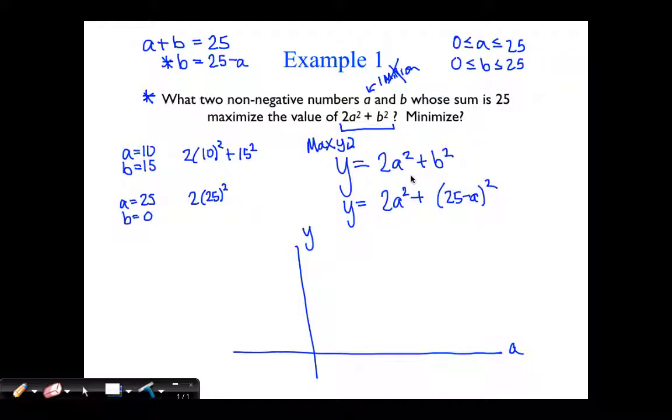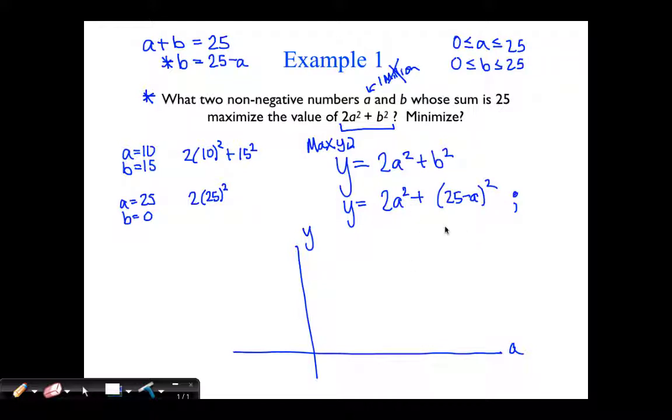I called it y, just because of thinking about graphs. But there is a domain on this. Even though I only have one letter here, a can only be between 0 and 25. So if a is 0, this part turns into 0, and this part turns into 25 squared. And if a is 25, this part turns into, well, what it did here, and this part turns into 0.